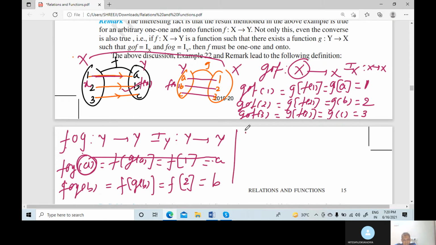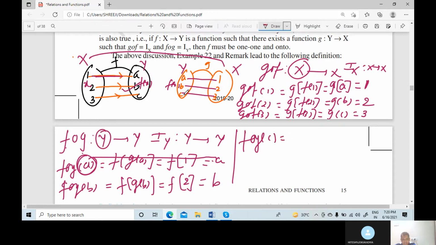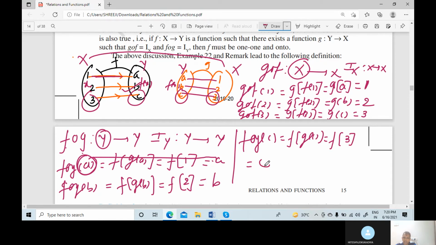Now we calculate the third value, FOGC. Right, because our domain is Y and Y equal to ABC. So F of GC, and GC answer is 3 here. Yeah, right, student. So F3 answer is again C. So the answer here is C. Is that clear?